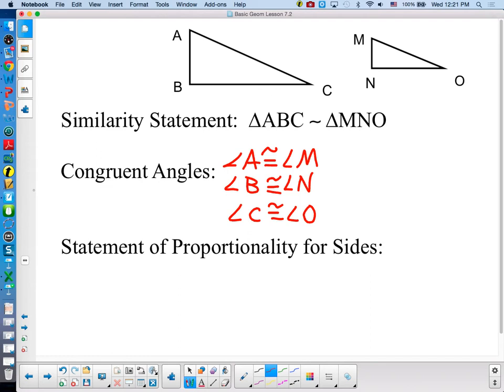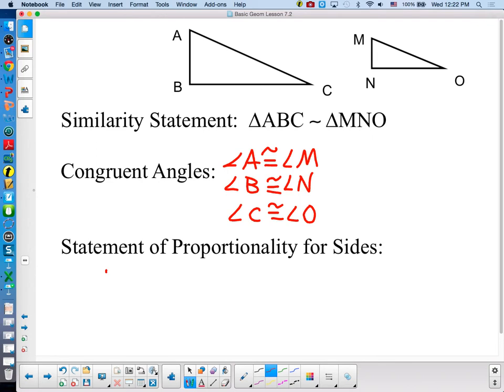Their sides are in proportion. So proportions from yesterday, ratios that are equal. So when we do the statement of proportionality, what that means is give me the ratios and state that they're all equal. So here's what we would do, and this will look a lot different than what we did in congruences.